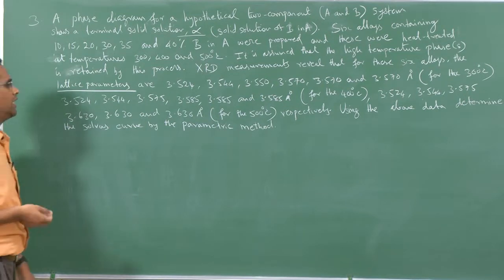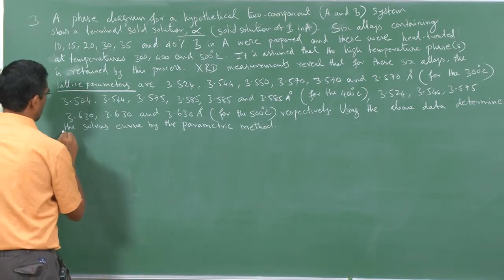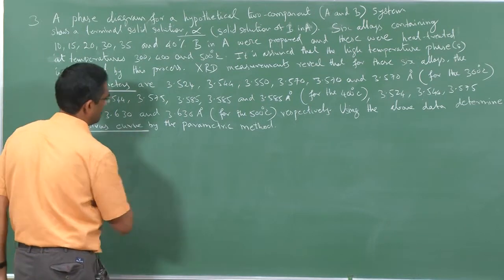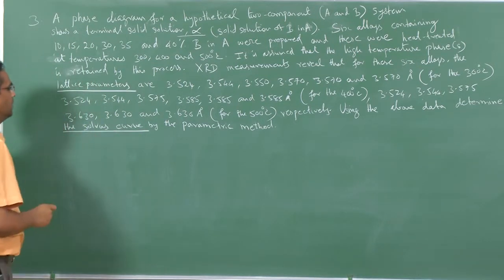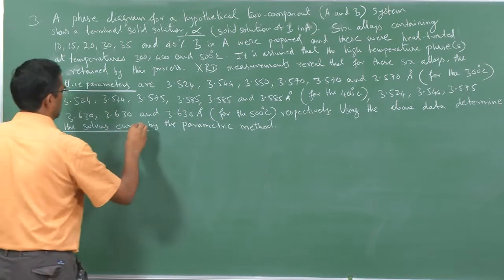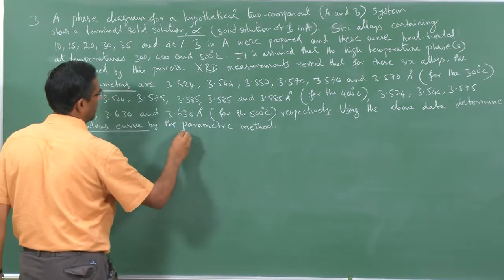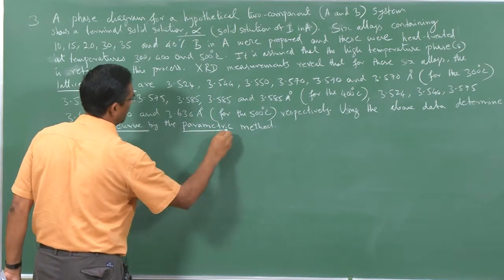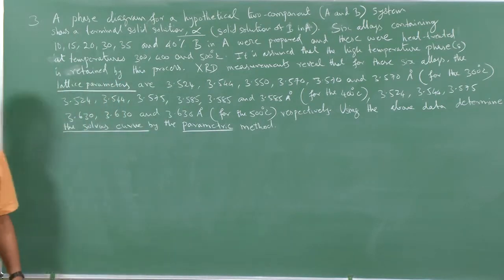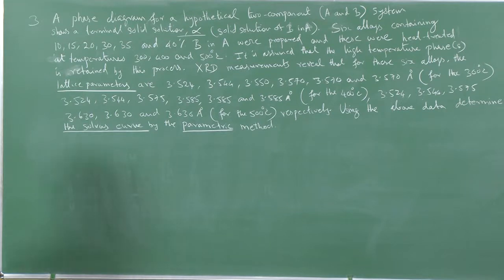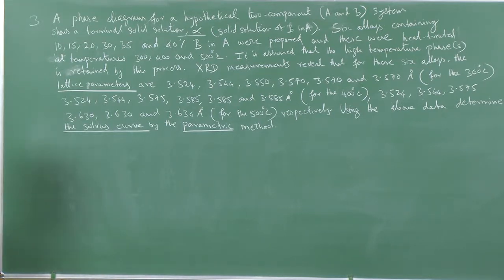Using this data, determine the solvus curve of the alloy system using the parametric method. It is basically the application of X-ray diffraction in determining phase diagrams.